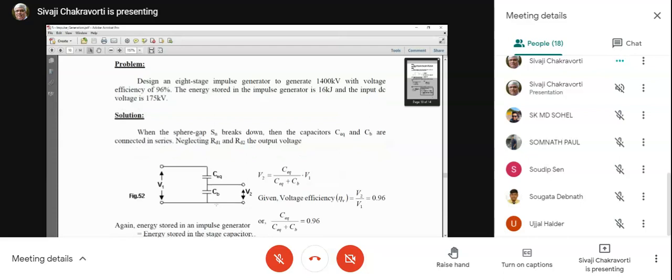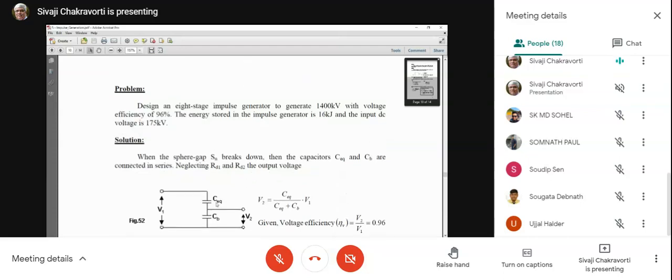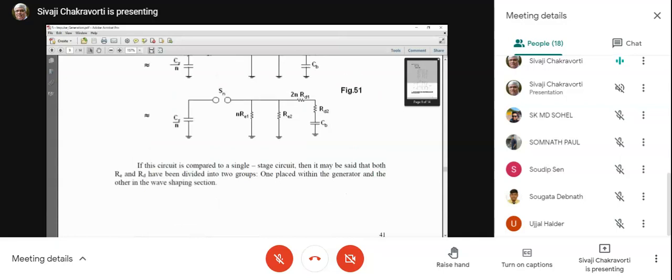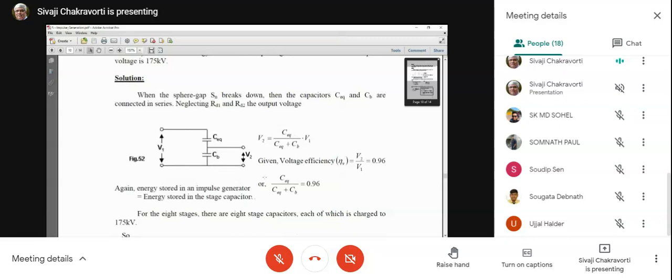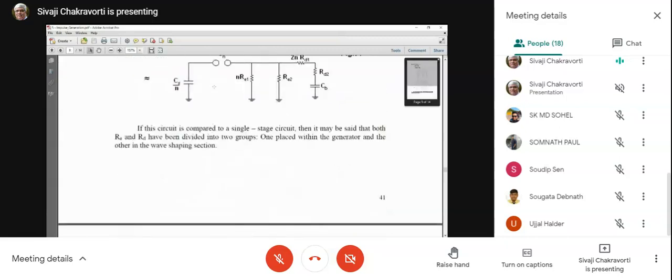This is like the equivalent circuit here. Here you see the equivalent circuit. Just look at only the two capacitors. If we forget about the resistance, they are connected in this form, right? Where this capacitor is charged with a certain voltage.